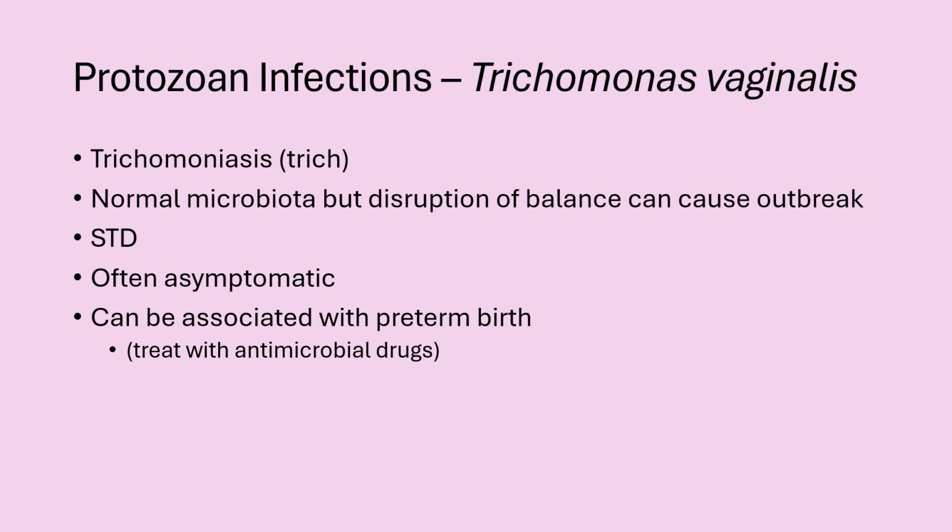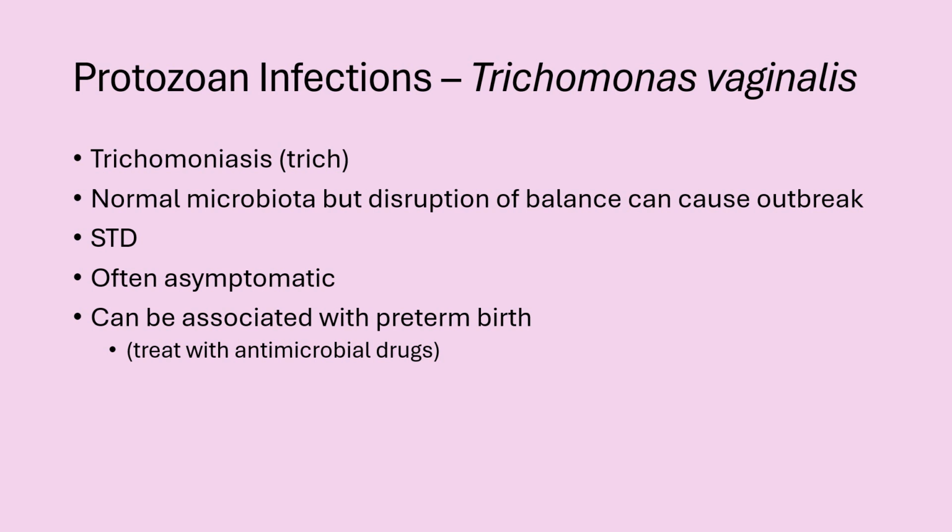In terms of protozoan infections, Trichomonas vaginitis is trichomoniasis, known just as trich. Once again, this is oftentimes part of the normal microbiota, but you get an increase in the number when it gets out of balance. It is a sexually transmitted disease.